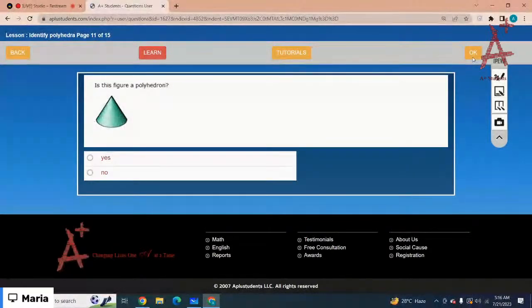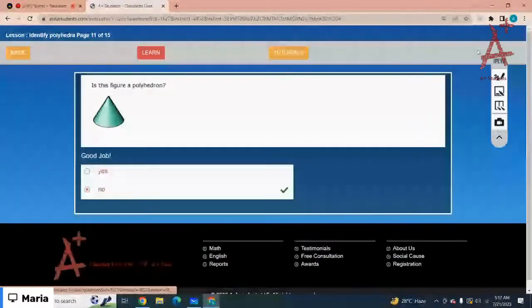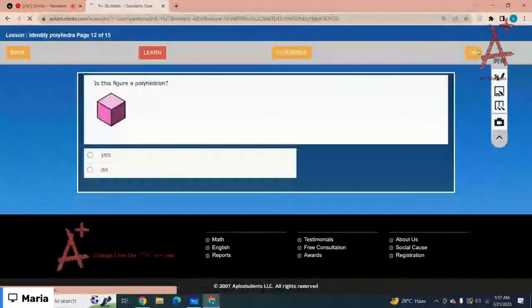No, this is a cone. Is this figure a polyhedron? Yes, it is.